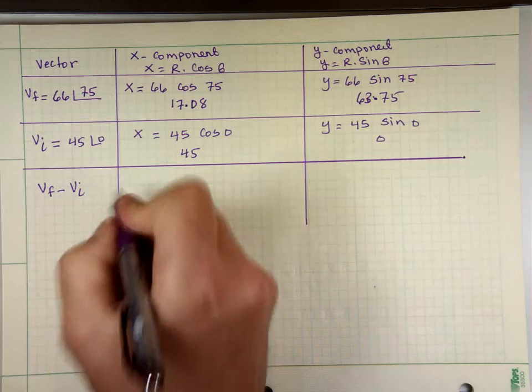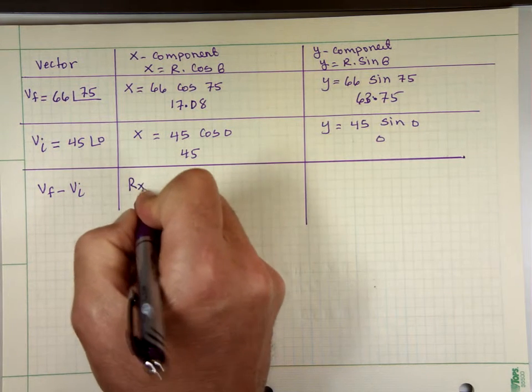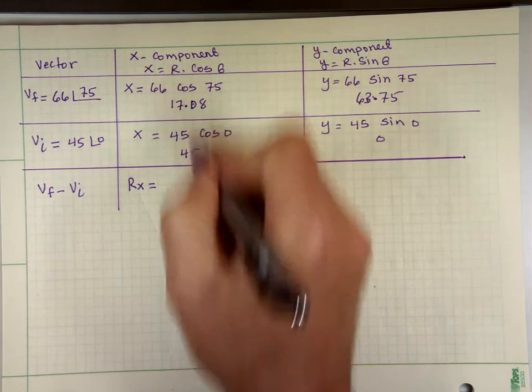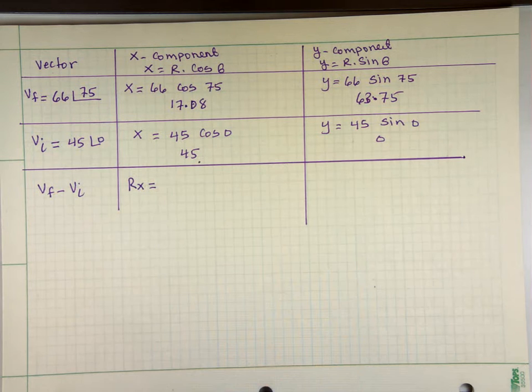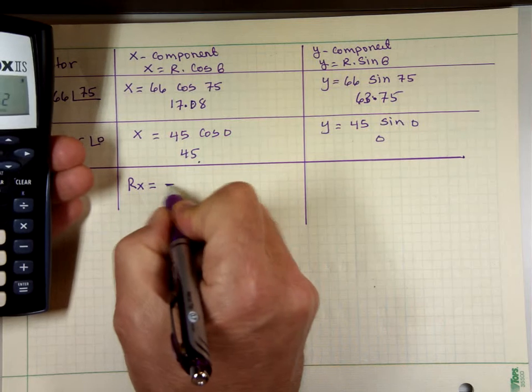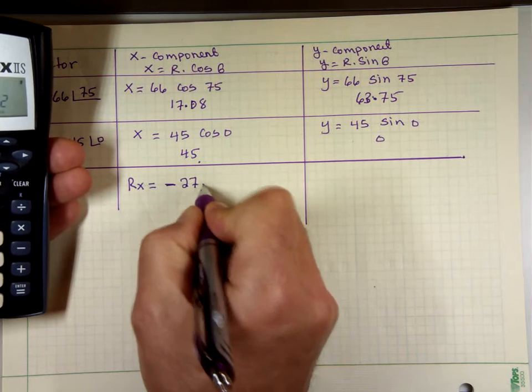That's the result. So the result in the X direction, you have to subtract this minus this. So 17.08 minus the 45. The result is negative 27.92 in the X direction.